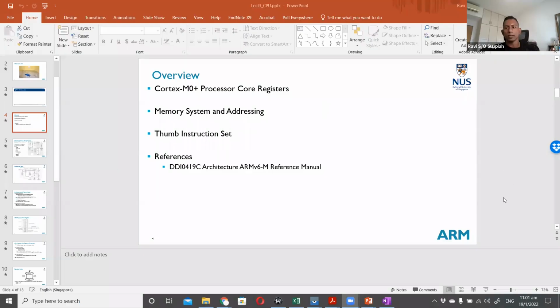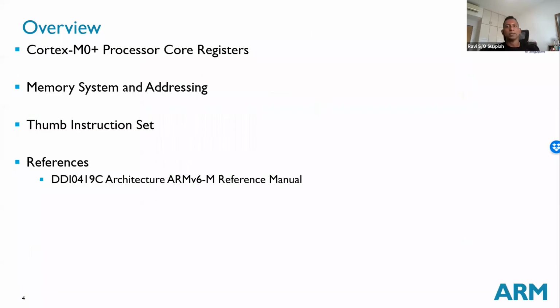Okay, so let me go ahead to review this. This is basically just a quick and short overview of the processor core that we're going to be dealing with for this board.